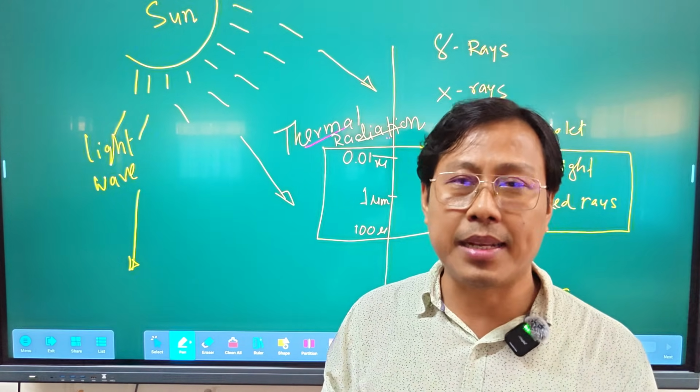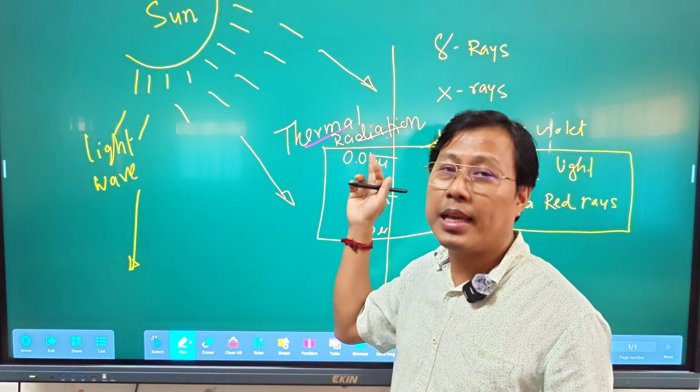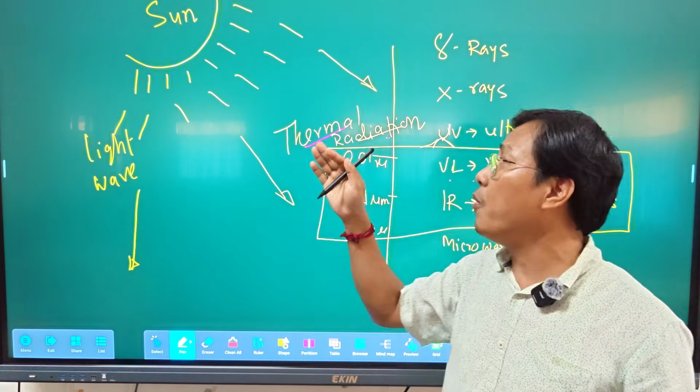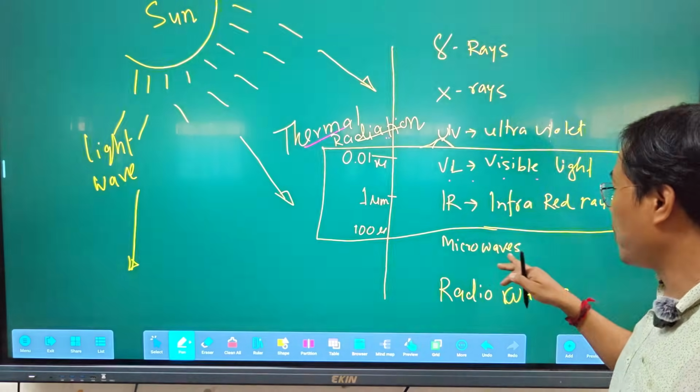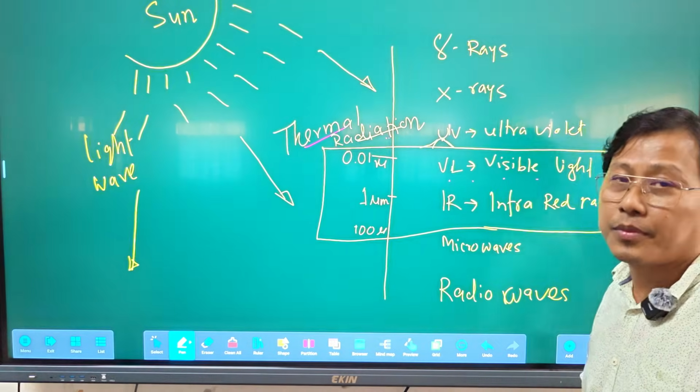So we can simply understand that thermal radiation is not obtained due to the movement of gamma rays, X rays, UV rays, microwaves and radio waves.